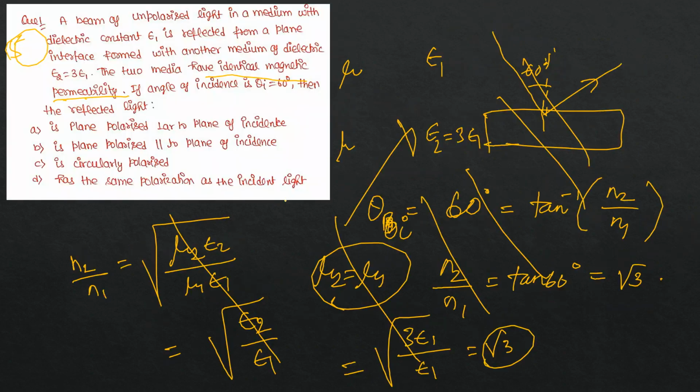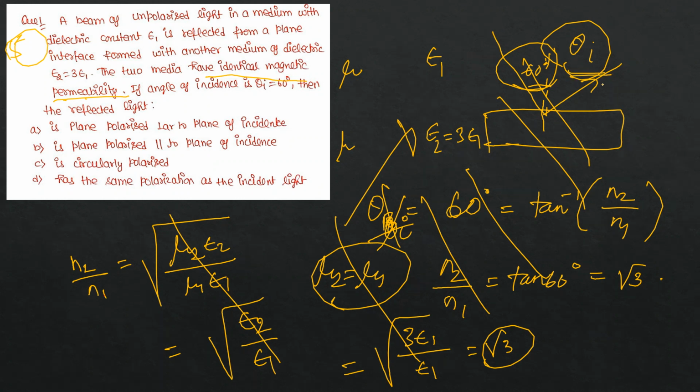See, a beam of light in a medium with dielectric constant epsilon 1 is reflected from a plane interface formed with another medium of dielectric constant, this one. So this is your theta I. By mistake I took it as theta B. That's wrong.